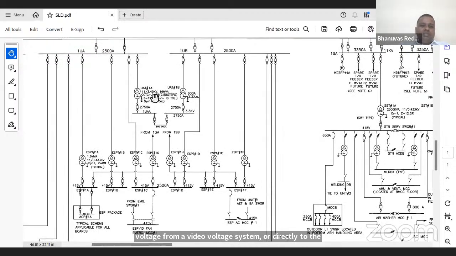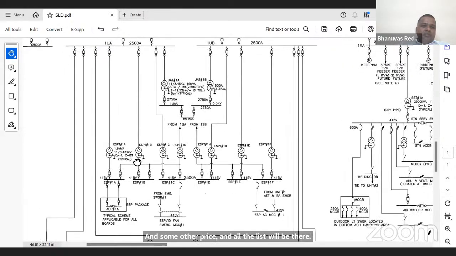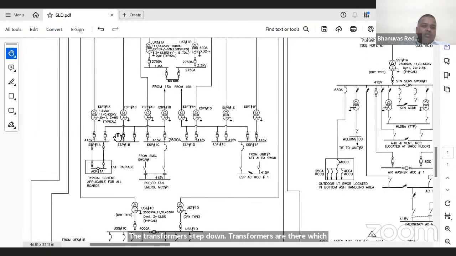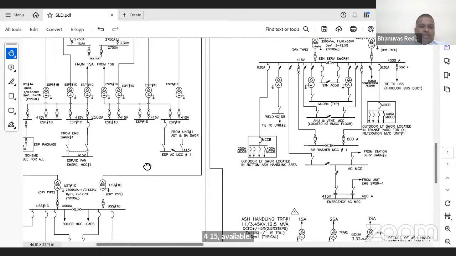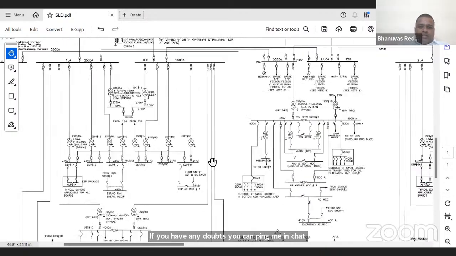This is the medium voltage system, 3.3 kV, and some other drives and auxiliaries will be there. Here the step down transformers are converting the 11 kV into 415 volts. If you have any doubts, you can ping me in chat.